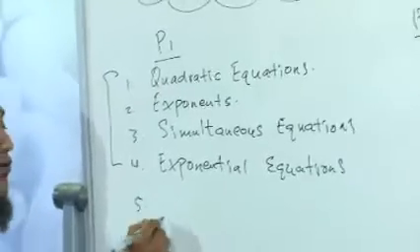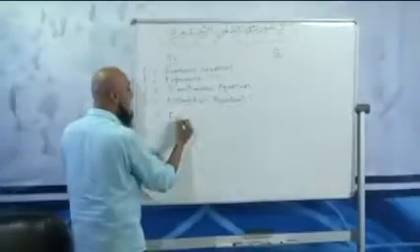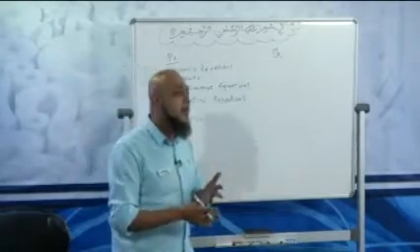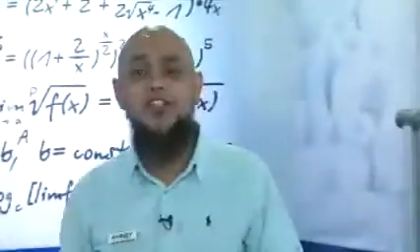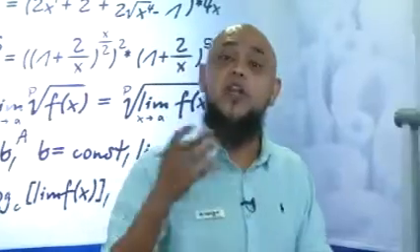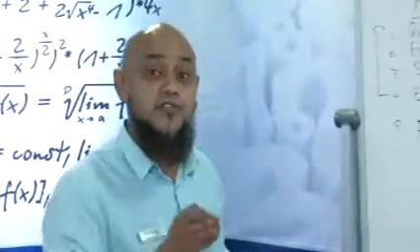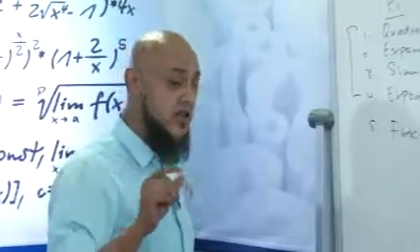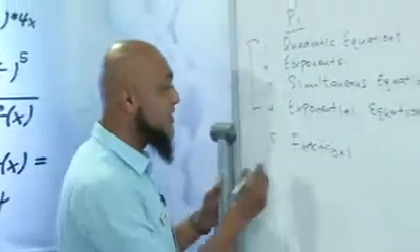We now go on to functions, and we all know what functions are. We're going to have the straight line, the parabola, the hyperbola with the shift in asymptotes, the exponential graph with the shift in asymptotes, as well as the log function. Now grade 11s, you don't need to know the log functions, that is only for grade 12.